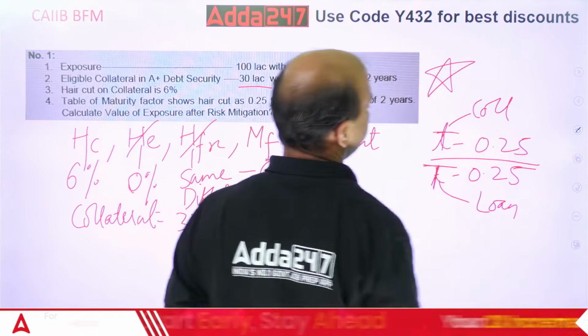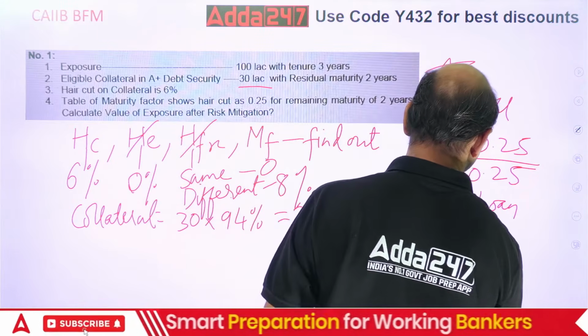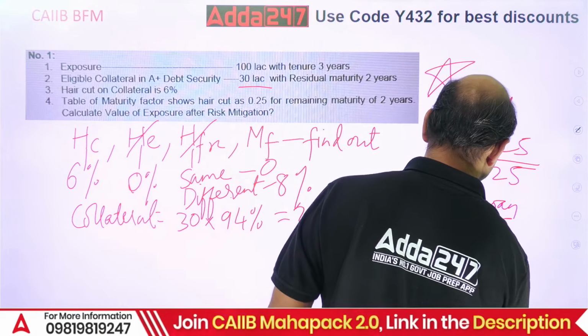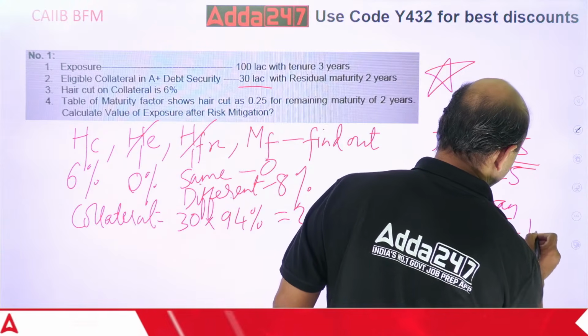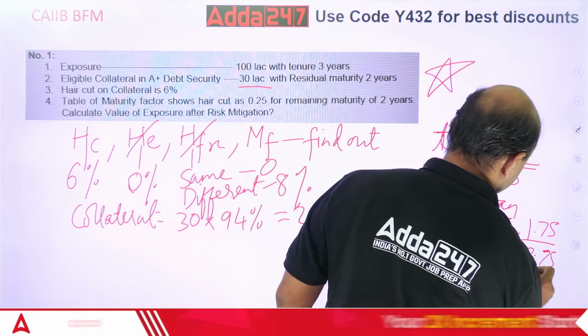So solve it. 2 minus 0.25 upon 3 minus 0.25. So you will get 1.75 upon 2.75. So what are you getting?